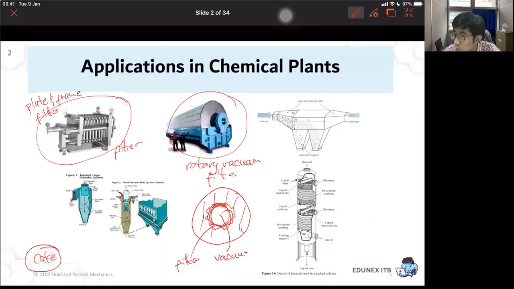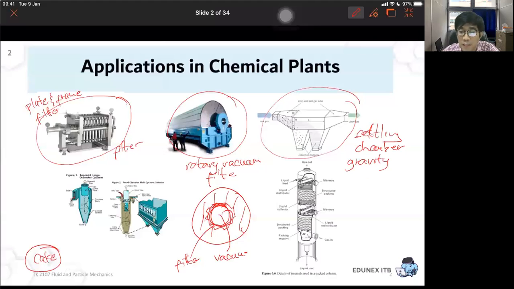And this one is a settling chamber, or sometimes it's called a gravity chamber. By the name, I think you can understand that the function is to separate the solid from the flow.